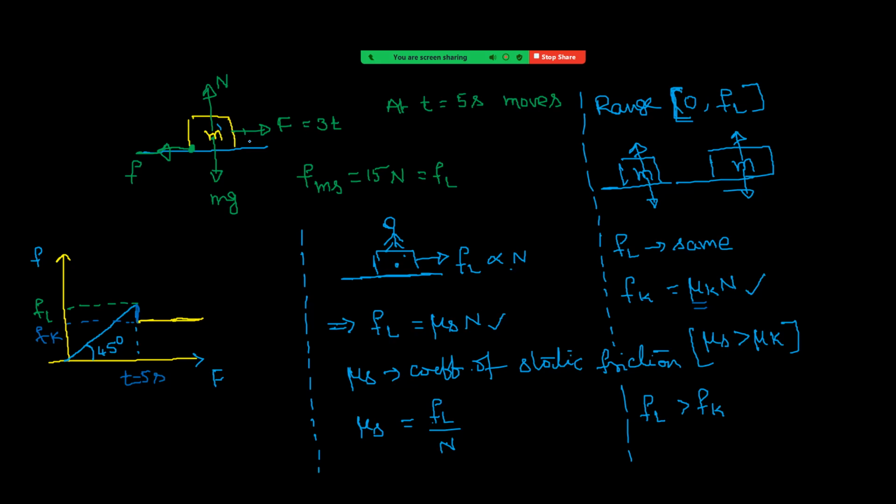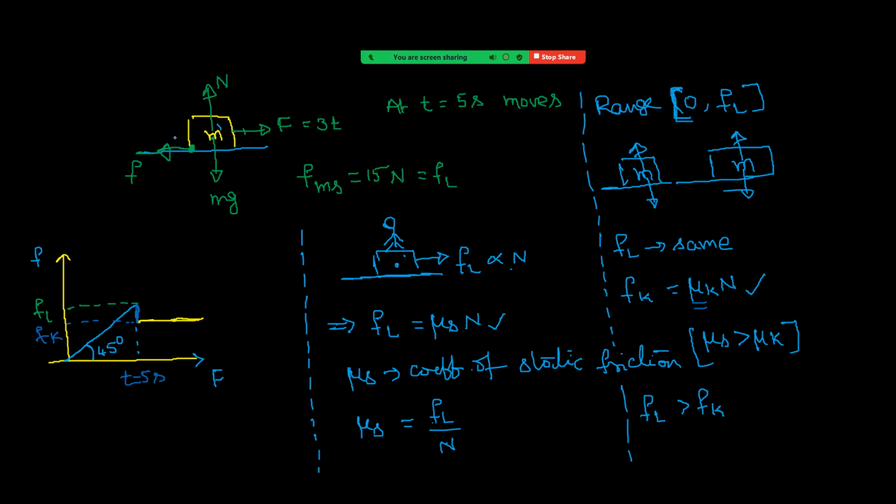See, till now what we have discussed. First we discussed the definition of friction. It is defined as the parallel component of contact force. Means it is parallel to the contact surface. Next, there are two types, static and kinetic. Static means the block is at rest with respect to the contact surface. It doesn't mean that the block is at rest.